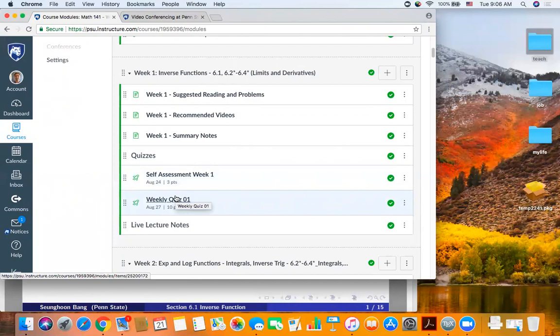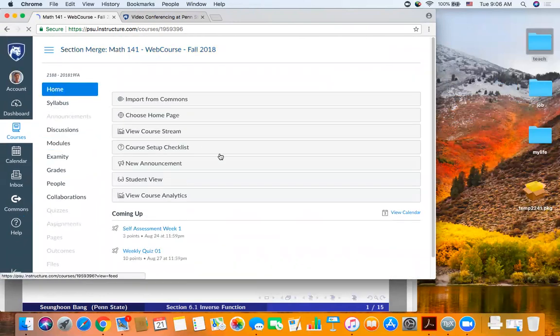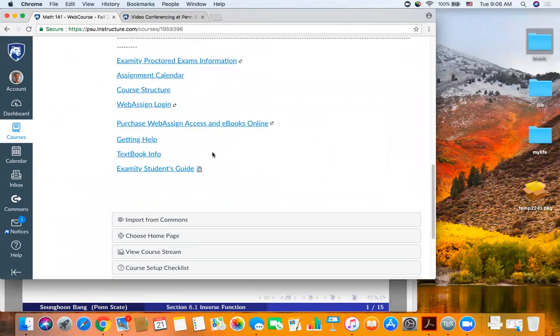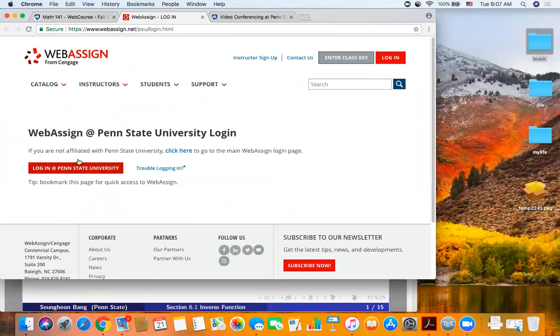For WebAssign, you go to Home, click WebAssign login, and then you try to solve the WebAssign homework on the WebAssign homepage.